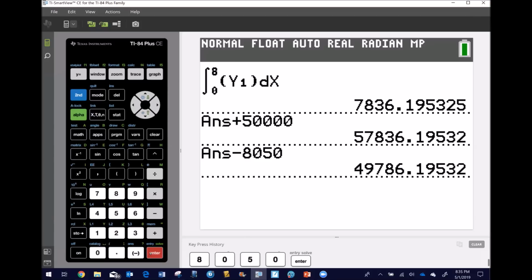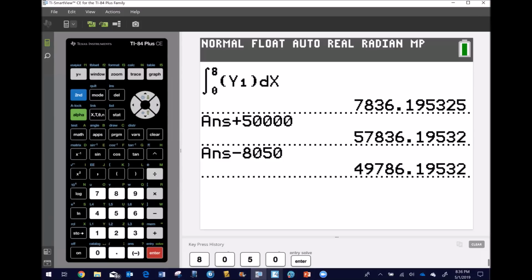And then, boom, that's the way that you can get your answer fast and easy. And you're going to be looking at 49,786. We like to see, did the problem ask you to round or anything?